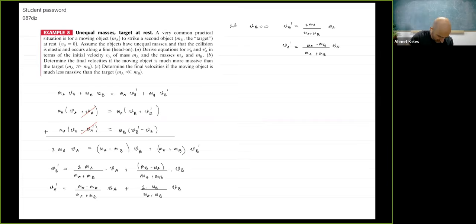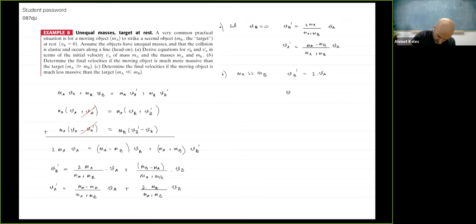And B, determine the final velocities if the moving object is much more massive than the target. So this one was A. So B, if MA is much larger than MB, I can forget about this term. Just cancel that. Then VB prime is going to be equal to 2MA divided by MA, which is 2 times VA.